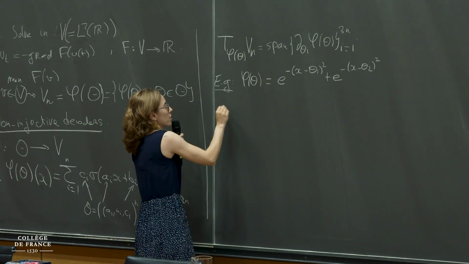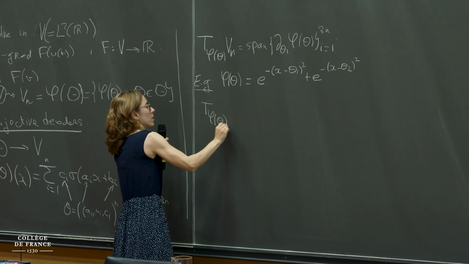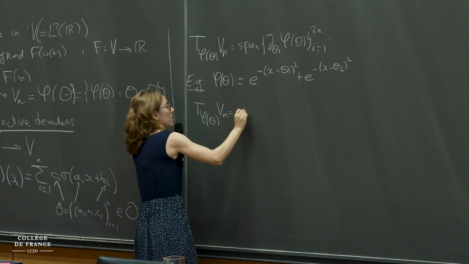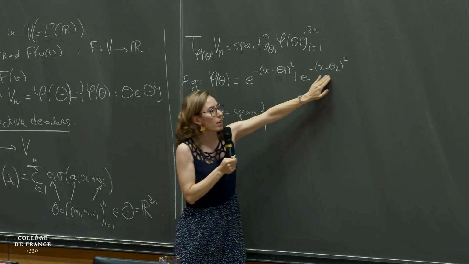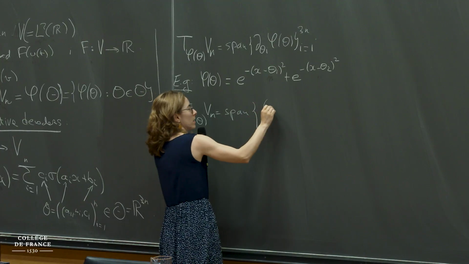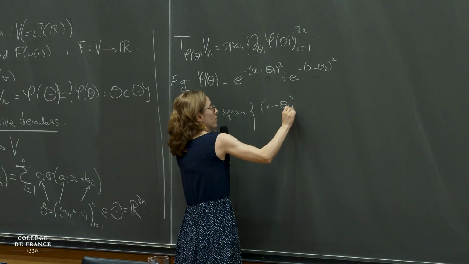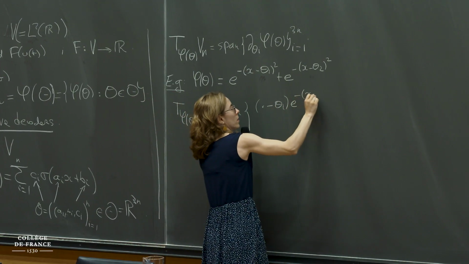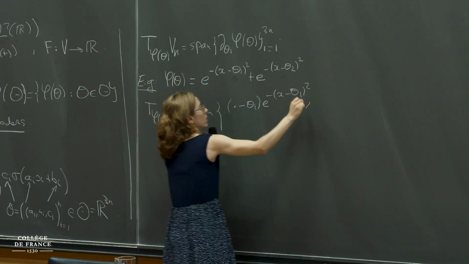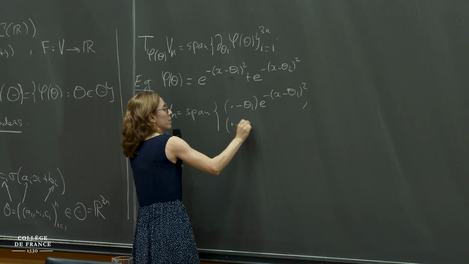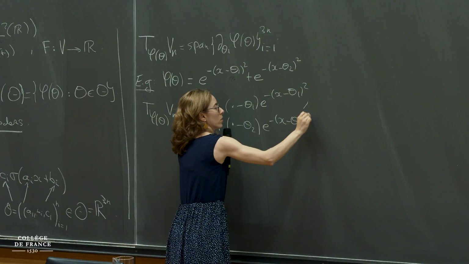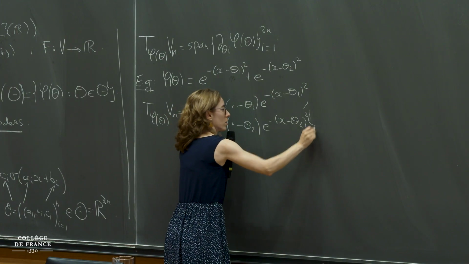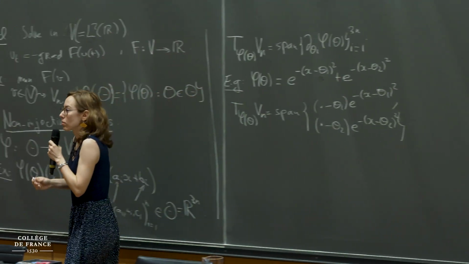Now, the tangent space in this example is going to be the span of the partial derivative with respect to theta 1 and the one with respect to theta 2. So it's going to be something like this: x minus theta 1, comma, the same for theta 2. Good, so far so good.